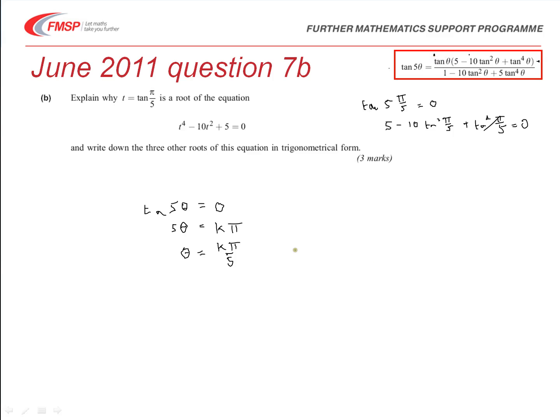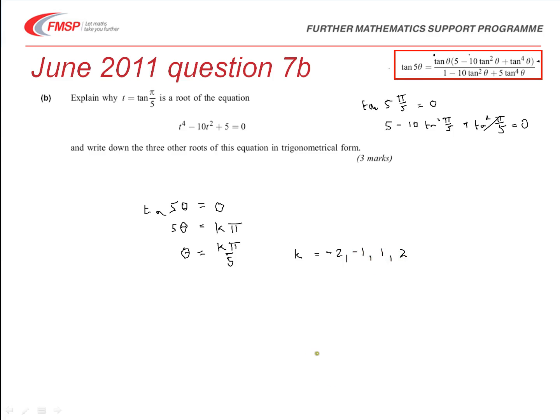So there are 2 sets we could consider, and if we want theta to be between, let's say, minus pi and plus pi, then k could take the values minus 2, minus 1, 1 and 2 as being the possible solutions.